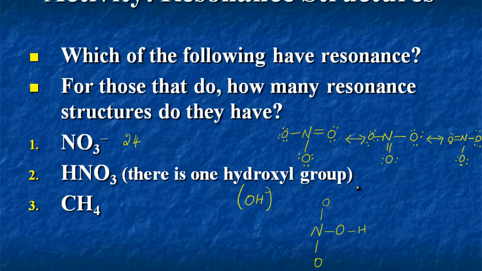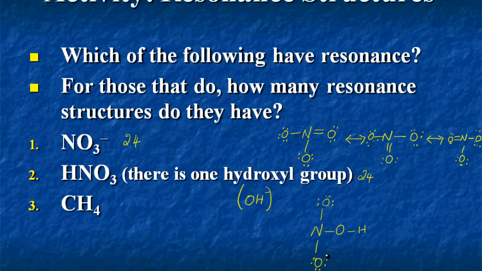Well, we didn't count the number of valence electrons. How many do we have? 18 plus 5 plus 1, again 24, right? So this also has 24. So we are going to start putting electrons around the periphery.